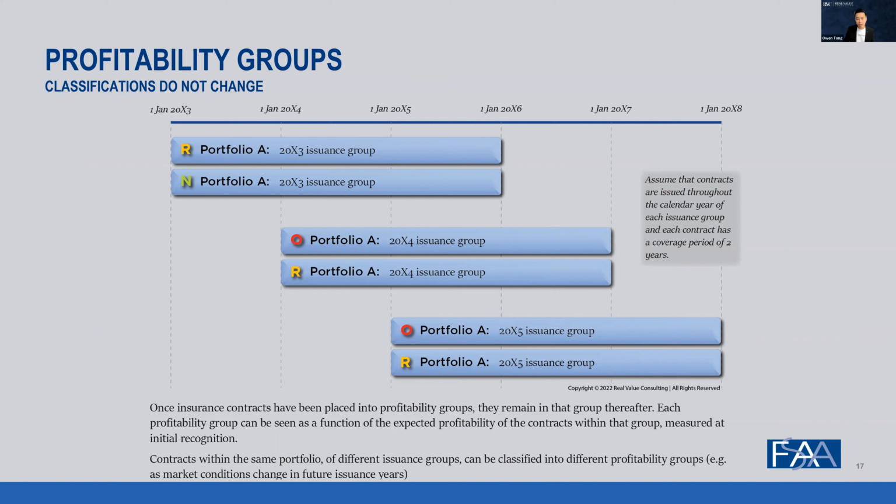The main point is that you can classify the same product into different profitability groups over time, but it has to be for new policies. Once you classify these policies into those profitability buckets, it doesn't change for that particular policy. New policies can be issued into different buckets, but the ones that you've already tagged don't change.